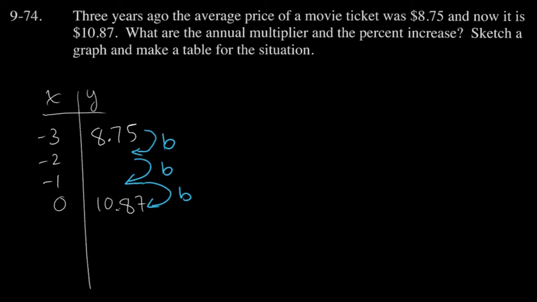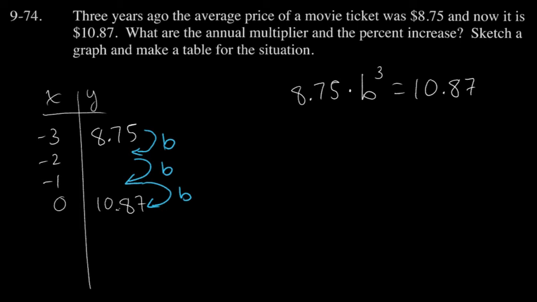So $8.75 times b times b times b, right, $8.75 times b to the third, is $10.87.